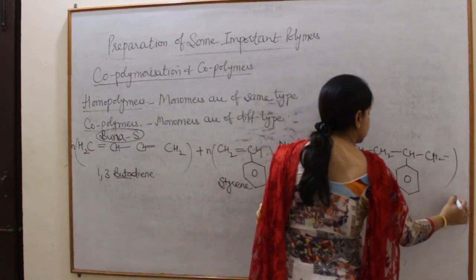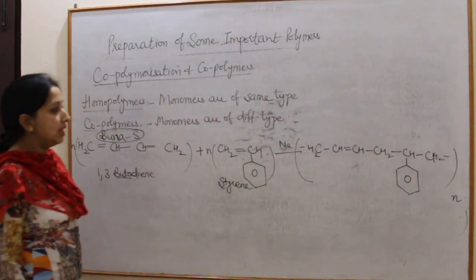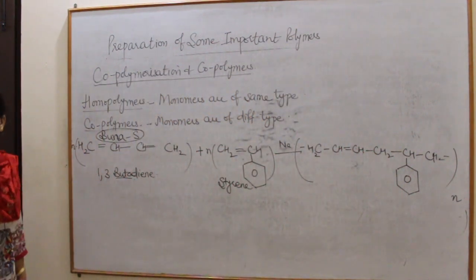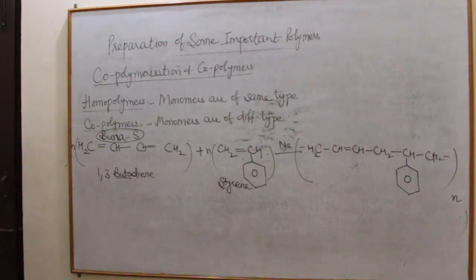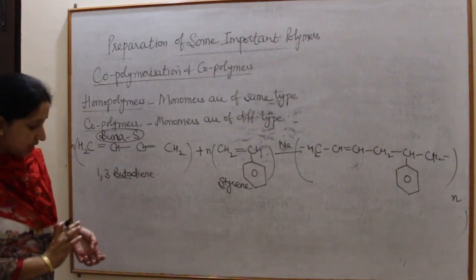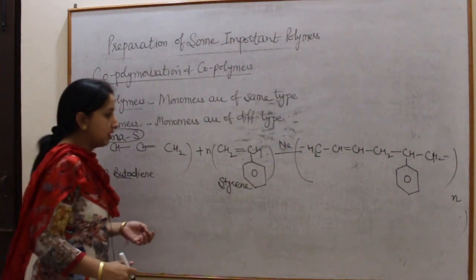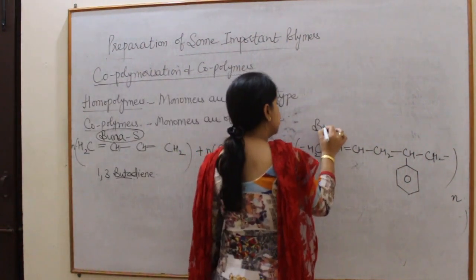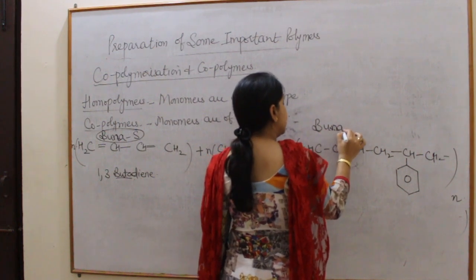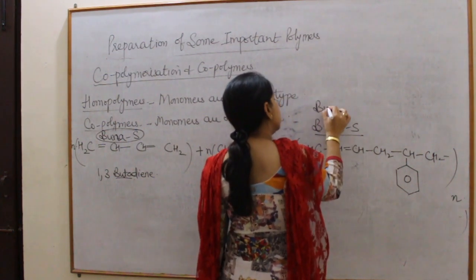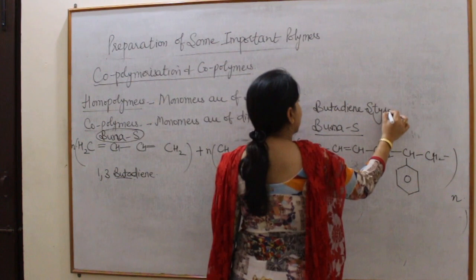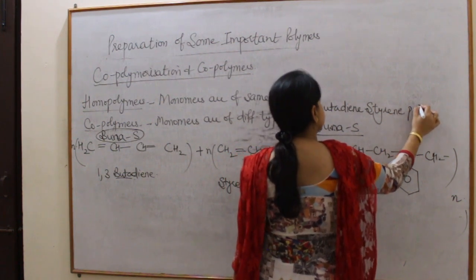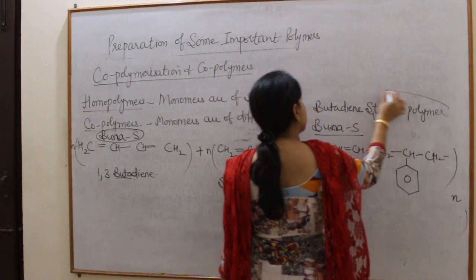So this is the structure of Buna S: CH2, single bond CH, double bond CH, CH2, CH, CH2 single bond containing one benzene ring. This is your Buna S, meaning butadiene styrene polymer.